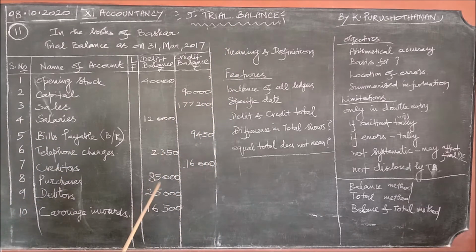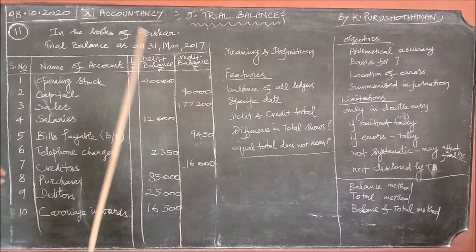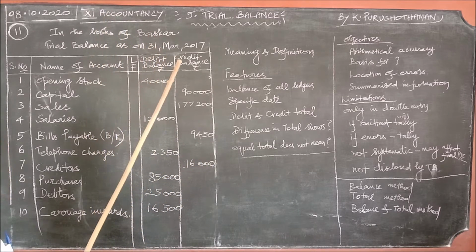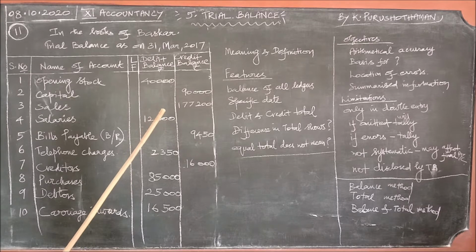And just now I said, what does it represent? It represents the balances of all ledger accounts. Say for example, the sales account ledger is prepared. I showed you one problem fully, which I taught by taking one full class.